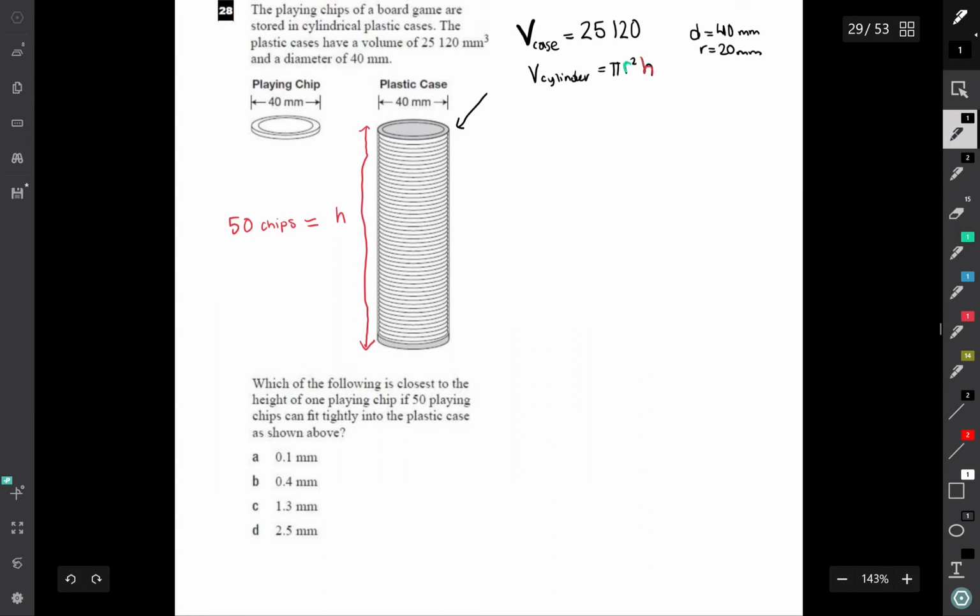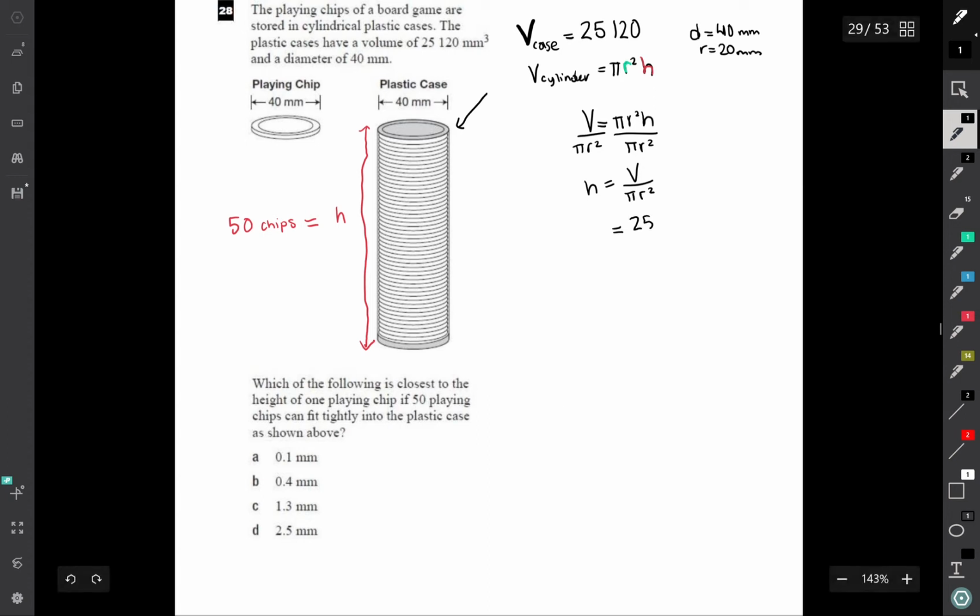So again, we know that volume is equal to pi r squared h. And if we're isolating for h, we have to divide both sides by pi r squared. And we get h is equal to v divided by pi r squared. So let's put in our values. The volume of this case is given.